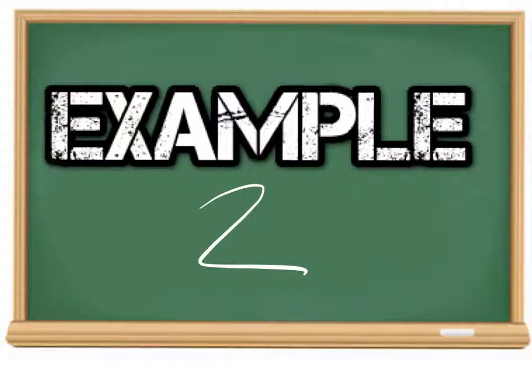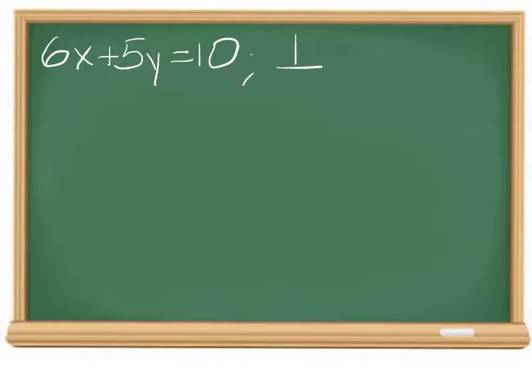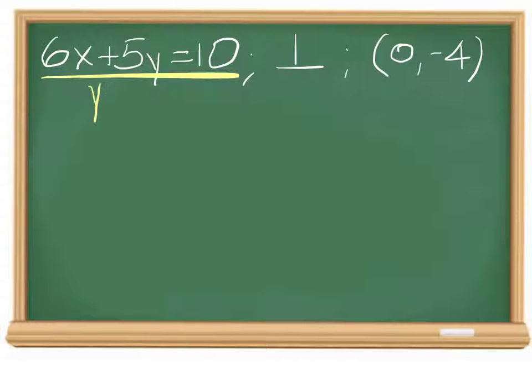Example 2. The problem is 6x plus 5y equals 10. You need a line that's perpendicular to it and passes through 0, -4. Step 1 is to change this to slope-intercept form, which is y equals mx plus b.